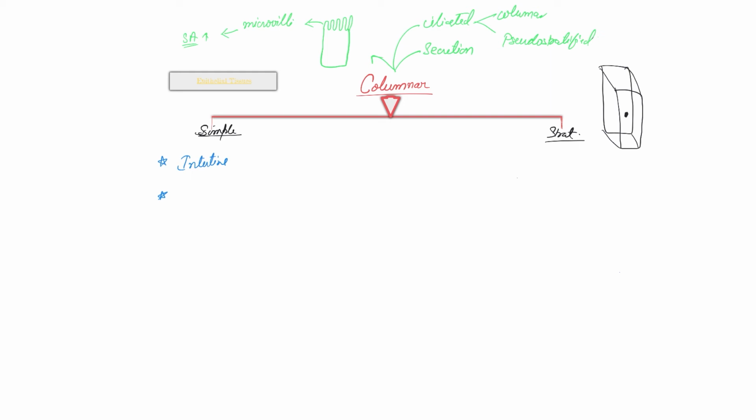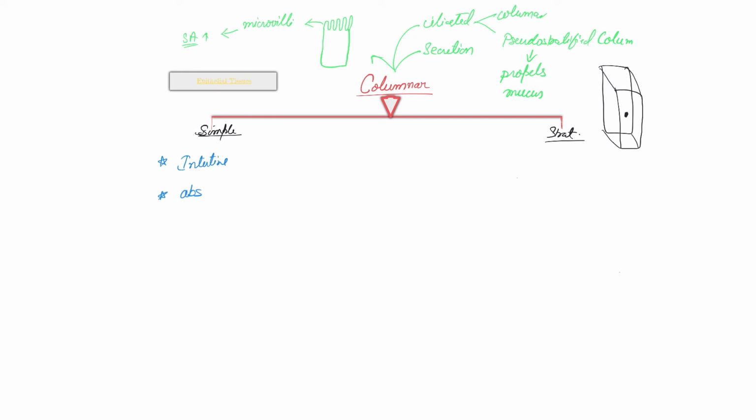This happens in some parts of your trachea. So this propels the mucus in your respiratory tract. Okay. In the intestine, what's the job? The job is to absorb as much of the digested food as possible.